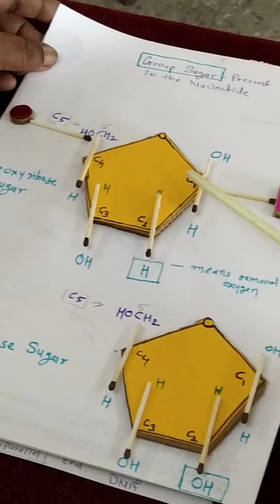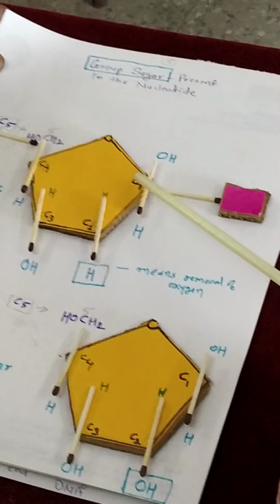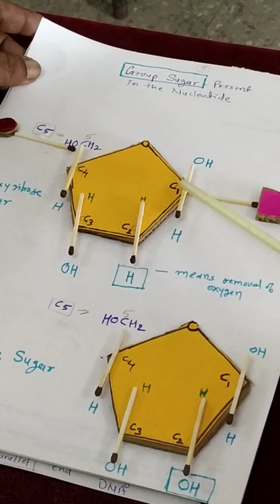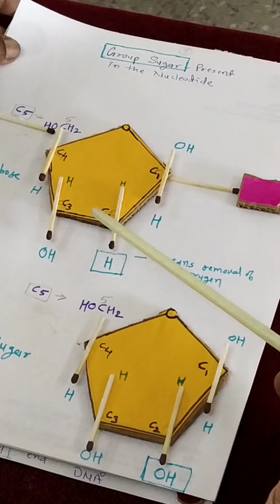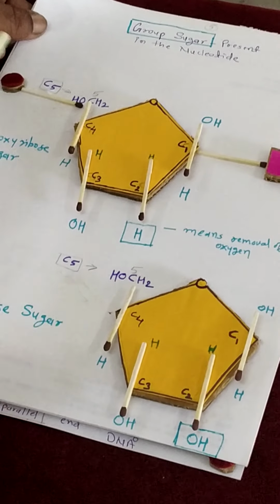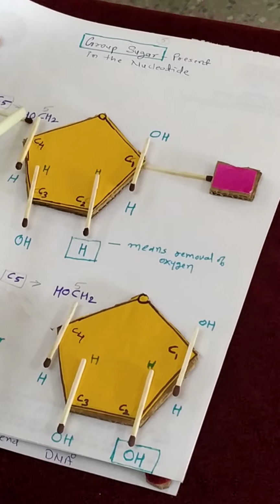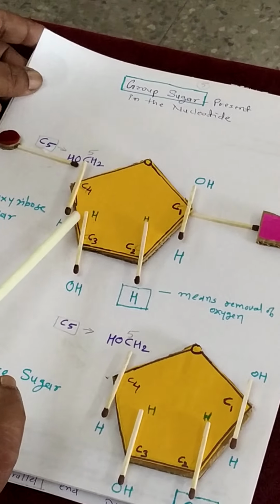The numbering of carbon is given from the oxygen, to the right, clockwise: carbon 1, carbon 2, carbon 3, carbon 4 and carbon 5. There are 5 carbon atoms present in this pentose sugar.